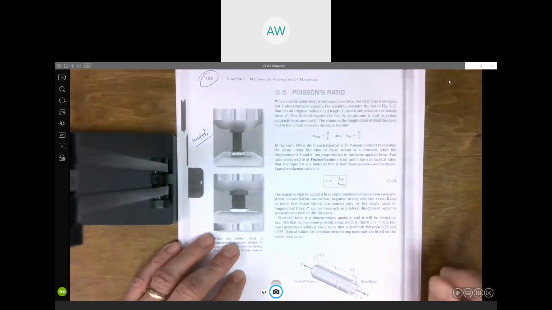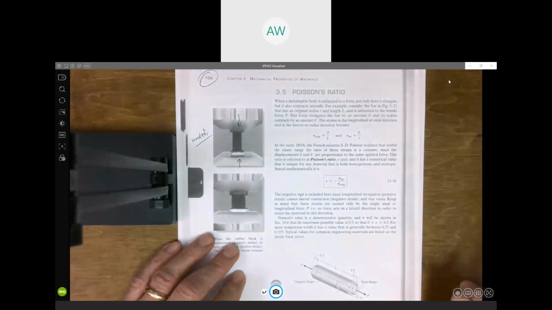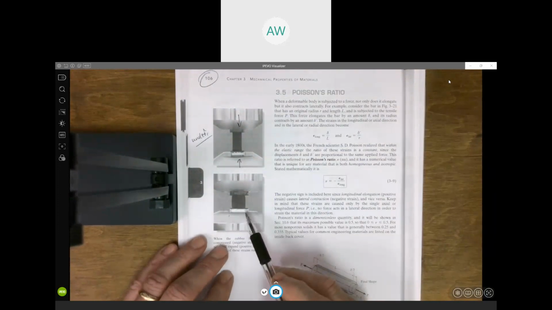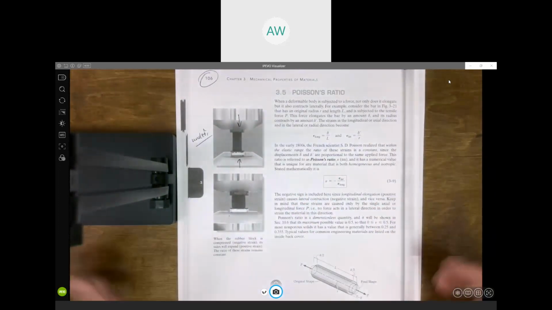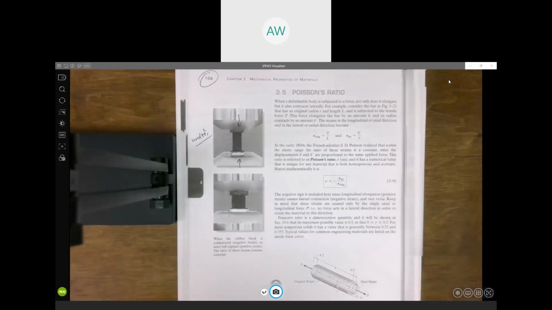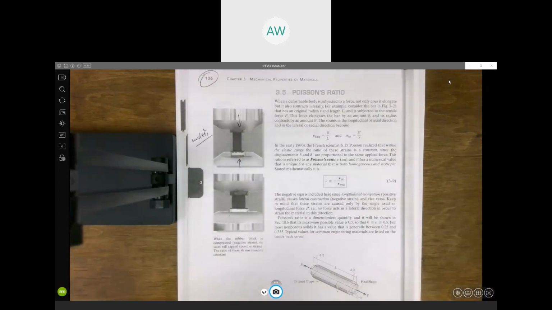It's undeformed, right? The specimen is sitting there, and then you're going to compress it. And you can look and see what happens, right? It gets shorter, it gets fatter, it gets wider. And that's going to happen unless you've got some really weird exotic material that I'm not familiar with, which is why I'm going to put the disclaimer.